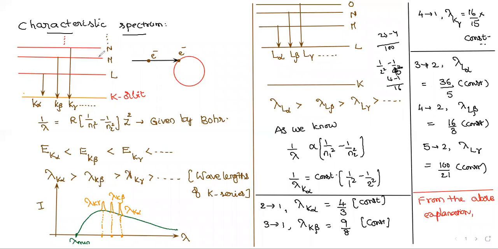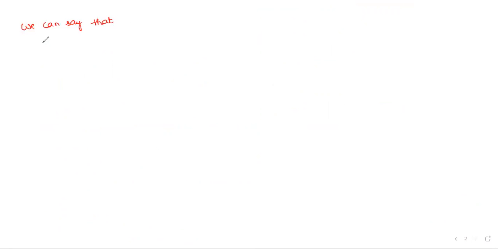In the same way, next series, this is the L series. In the same way, M series, N series, O series, like we will get. So we can say alpha line wavelength is minimum for K, and then followed by that, lambda of K alpha is less than lambda of L alpha.